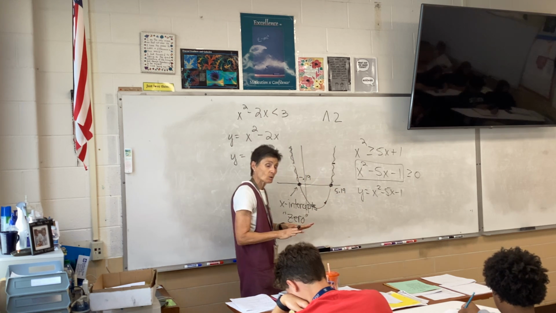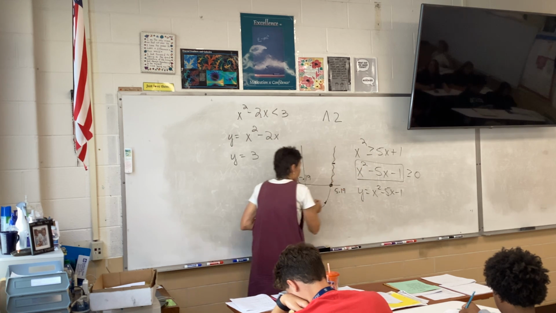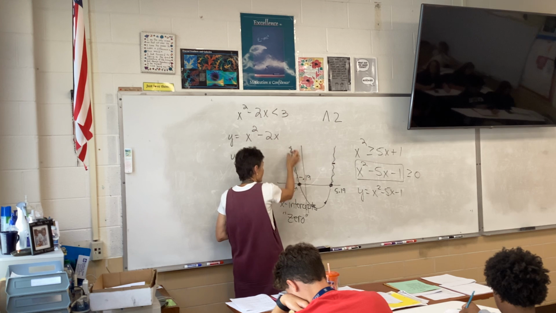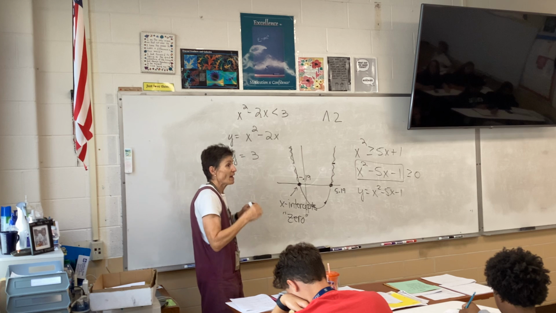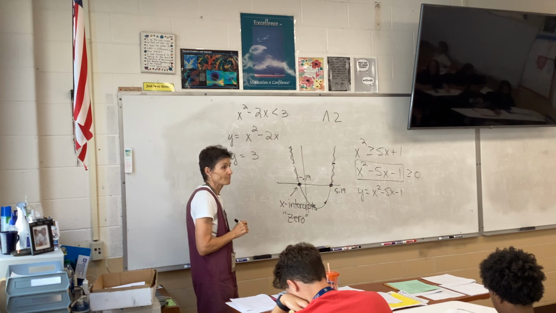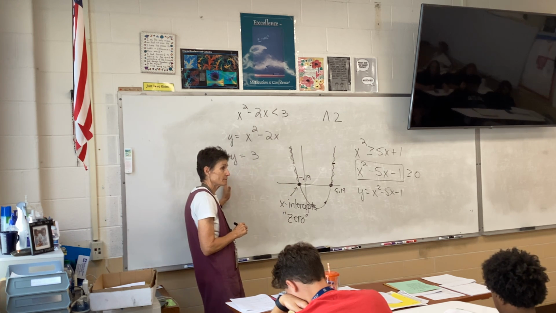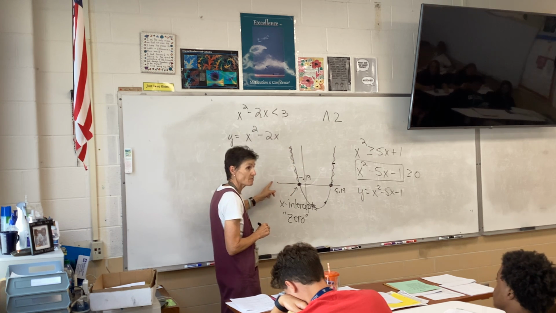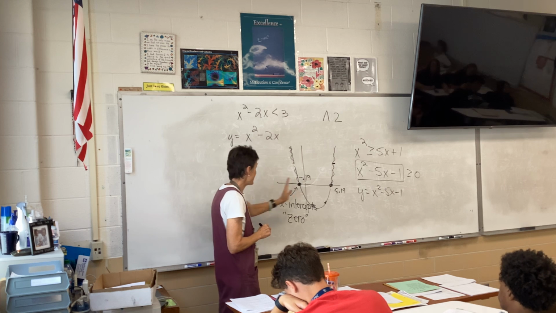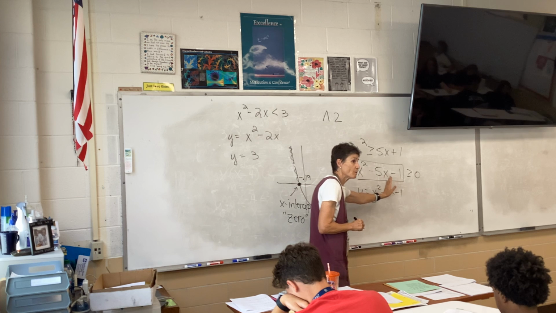But remember, it's an inequality. So we already agreed that we are interested in this piece of the curve and this piece of the curve. So what x values do we want? We want these x values? Don't these points have these x values? These are the x values we want. And these are the x values we want.